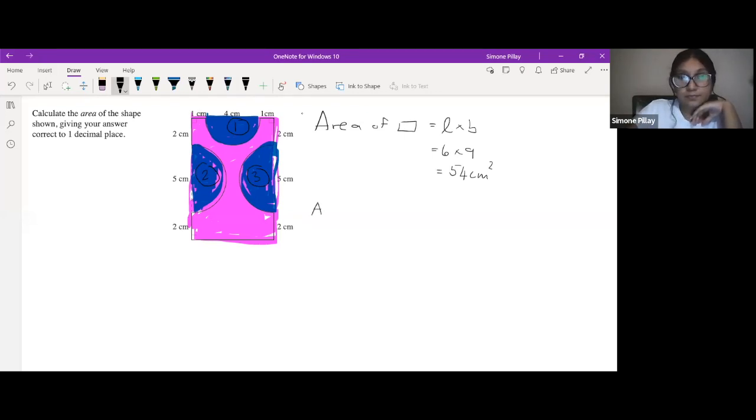Ma'am, we're going to calculate the area for the half circle. Which one are we doing? Number 1, 2, or 3? The first one. Okay, number 1, let's go. So ma'am, it's going to be a half times pi times the radius squared. So a half times pi times 2 to the power of 2, which is the radius, ma'am.